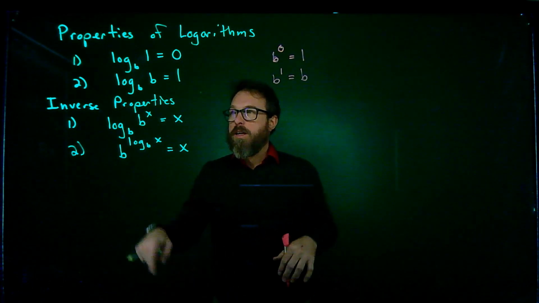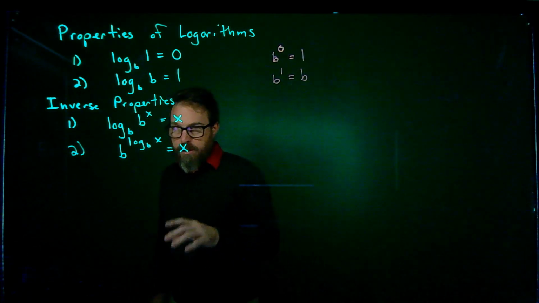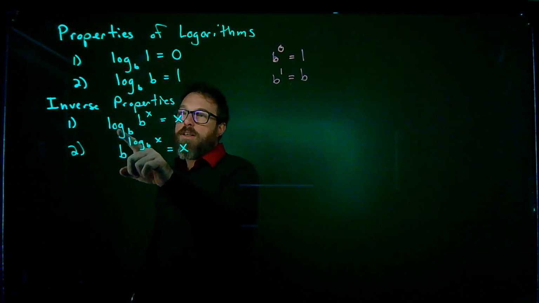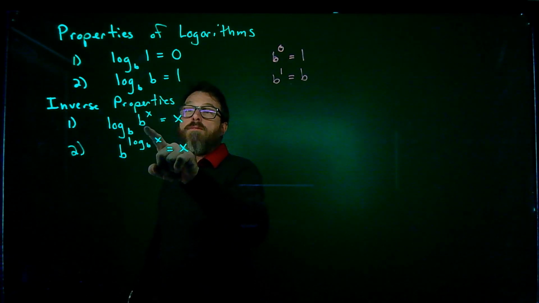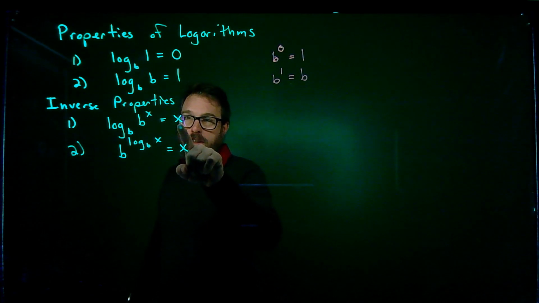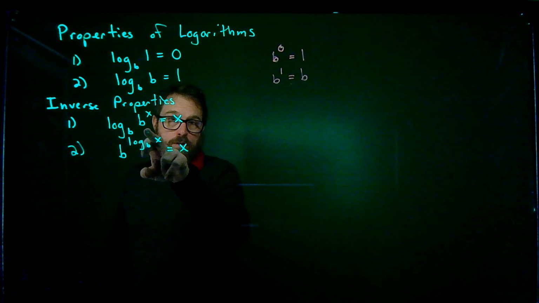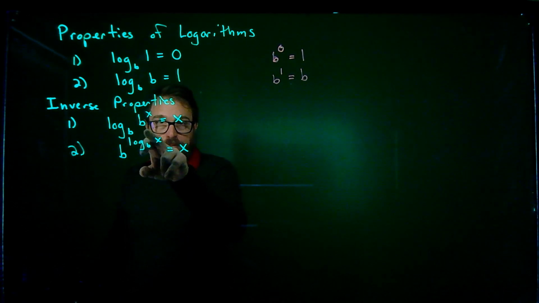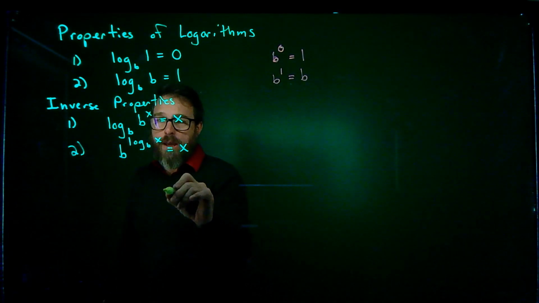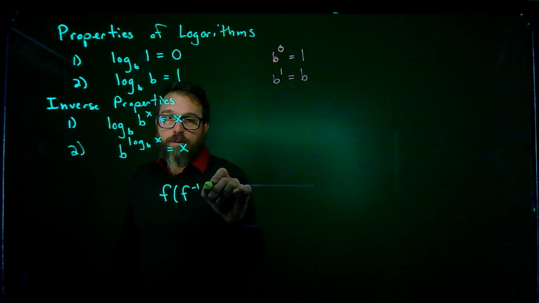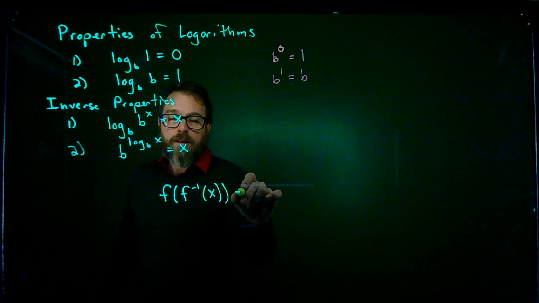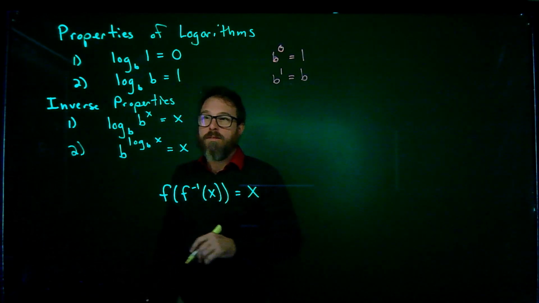Very similar here, I can prove these inverse properties, and really let's talk about what they mean. This says the log base b of b to the x is just equal to x. What this is saying is that the log base b is the inverse of the exponential base b. What we have is something of the form f of f inverse of x is equal to x.